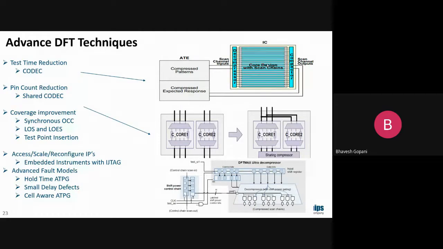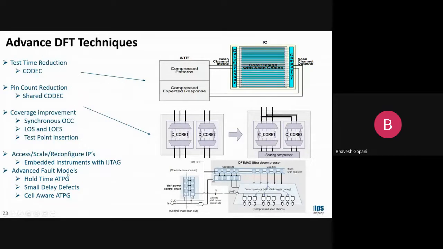These are some of the basic techniques we can use for the insertion. Another consideration is area, which is also sometimes important, and pins are also a limitation, pin limited. Here two codecs are inserted in two bigger blocks in my SOC. There are two partitions, and I have inserted two codecs, codec 1 and codec 2. For codec 1 I have 3 pins and for codec 2 I have 2 pins as input, and the outputs are also 3 and 2. But what happens if I use the sharing codec concept?